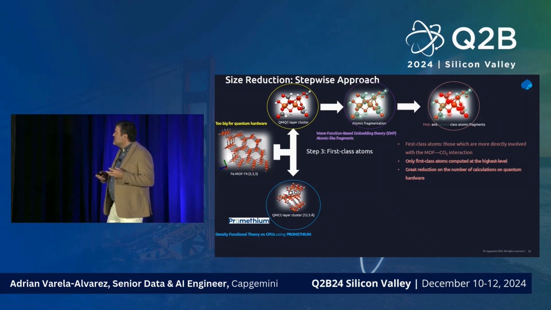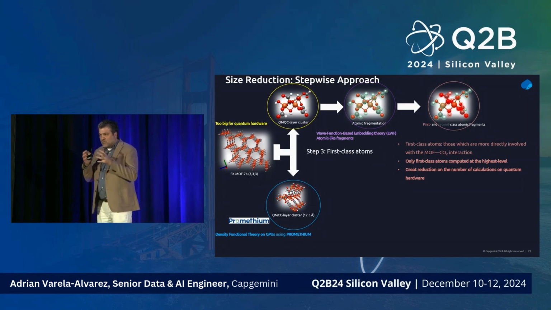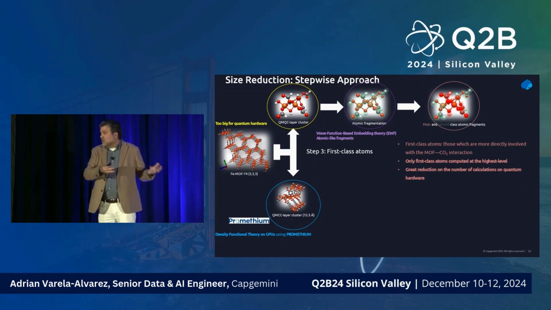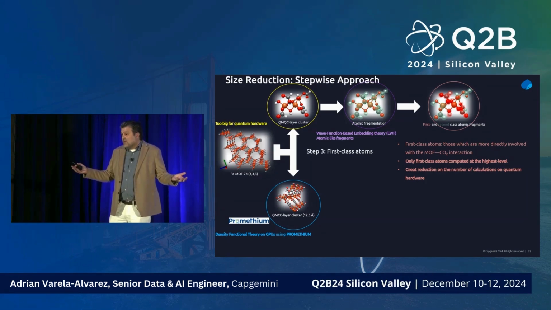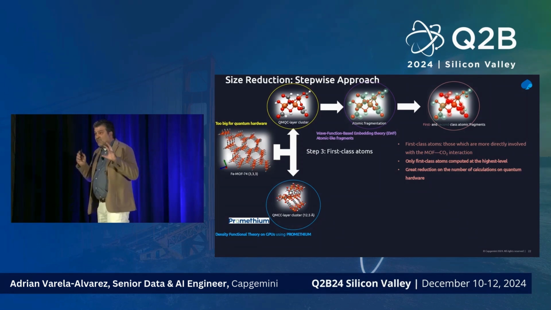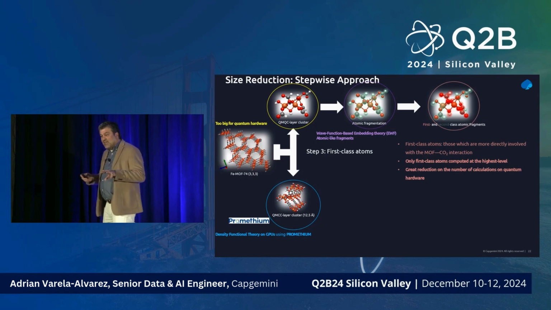First class atomic fragments, in red, are the ones that are very close to the interaction. Second class atomic fragments are the others and can be computed using classic hardware and a lower-level methodology. So now we have only a handful of atoms that we intend to compute in quantum hardware.